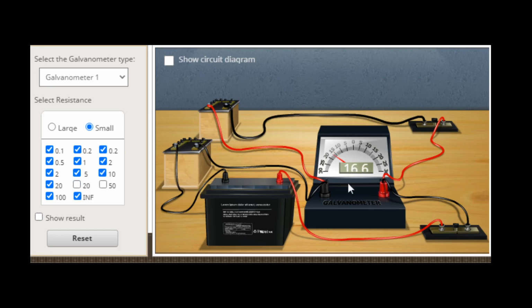So this becomes 16.6. Okay, now this is 15.4, so this may not be correct, and hence 14.8, 15.1. Okay, and one more resistance, if it is 50, it becomes 15.3.